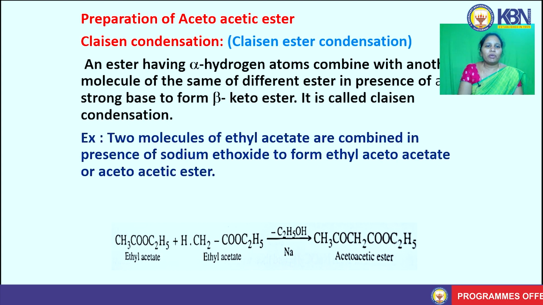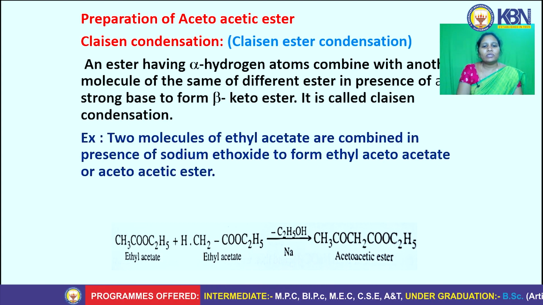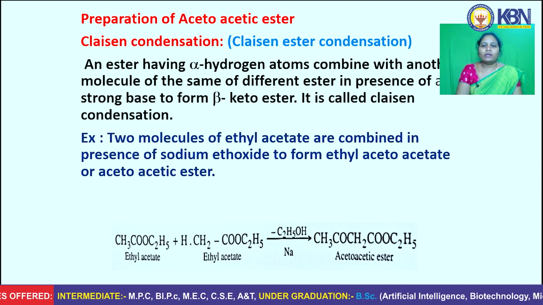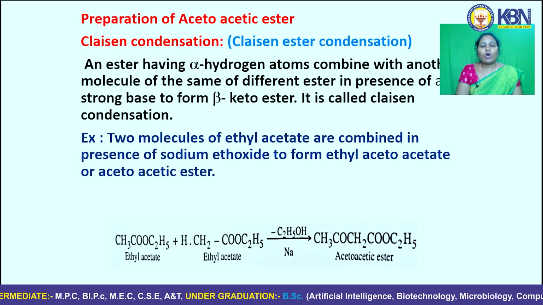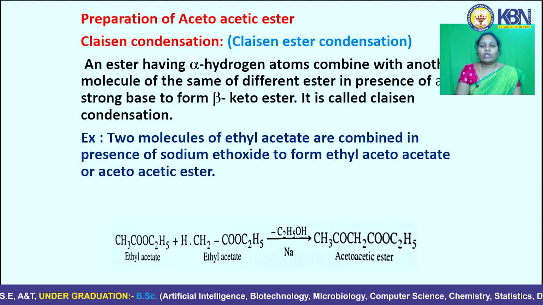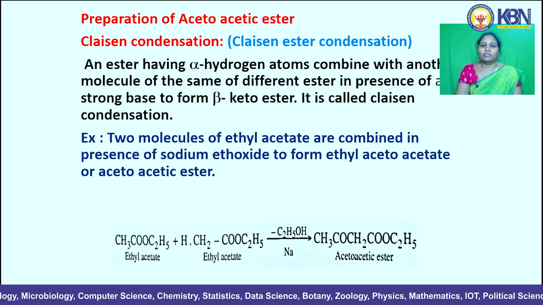So once again I am repeating, in case of Claisen condensation, an ester which has an alpha hydrogen undergoes condensation with the same or a different ester in the presence of strong bases like sodium hydroxide or potassium hydroxide and in the presence of alcohol, and results in the formation of a beta keto ester.